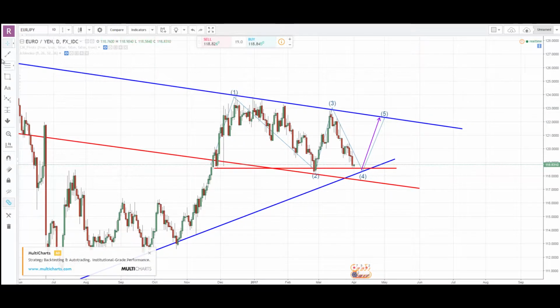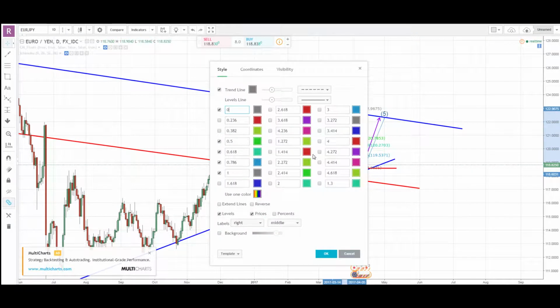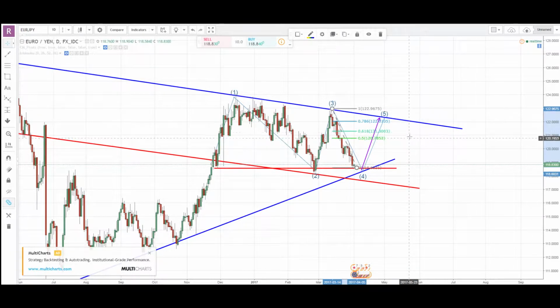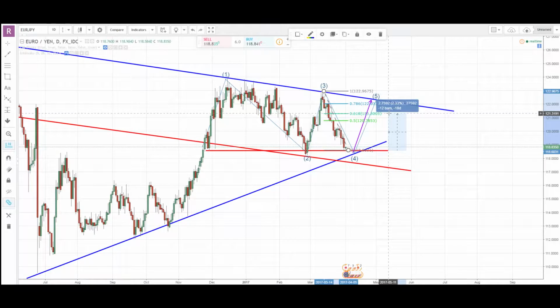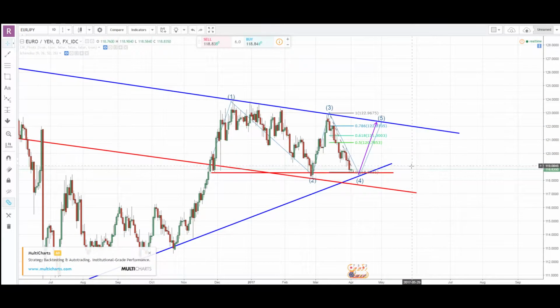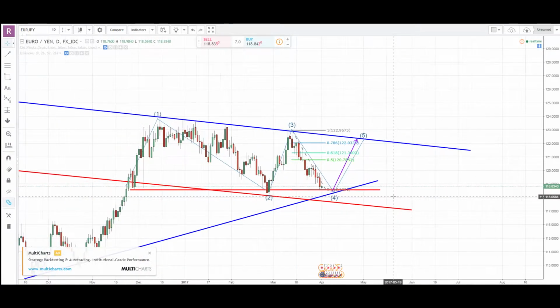While if we are unlucky, we actually get the swing to 0.5 or 0.618, which is around half, like 2,700 pips. Okay, so we are in a perfect spot right there for a long.